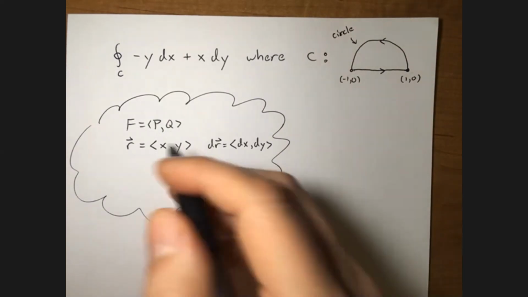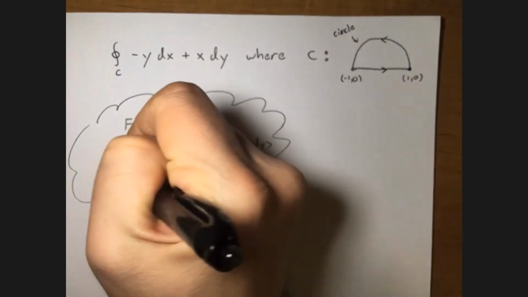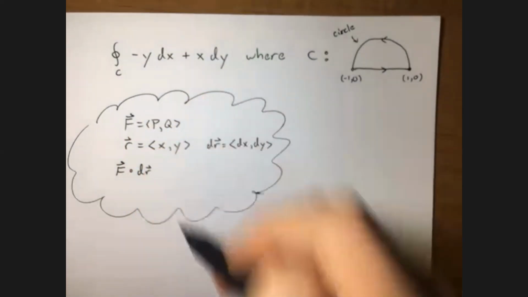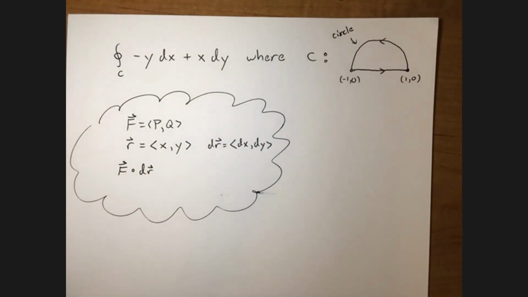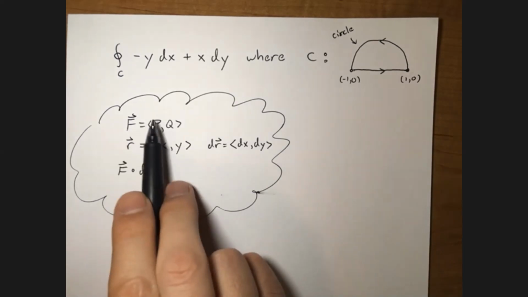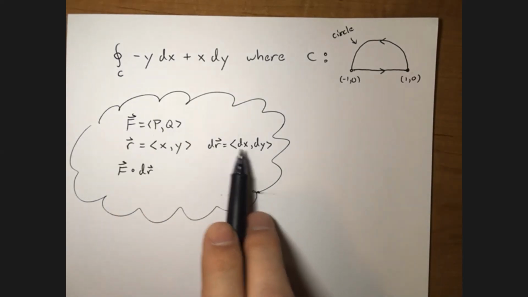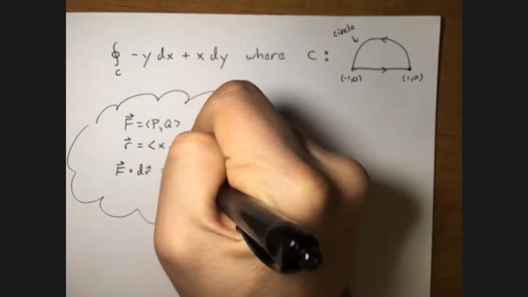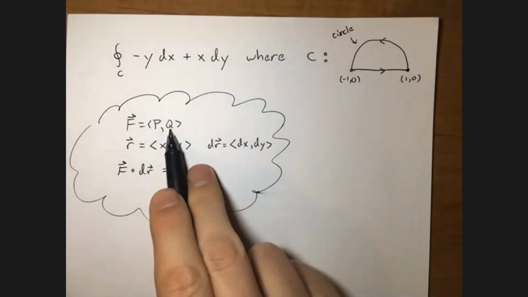So if I take F dot dr, which is how we've been writing down our line integral up till now, I'm just going to take this and dot it with this, right? So I get P dx plus Q dy.